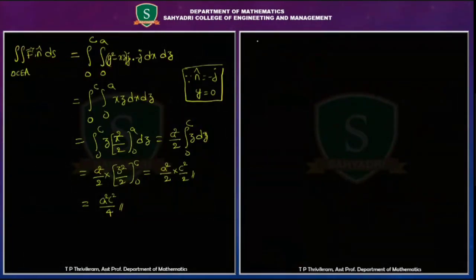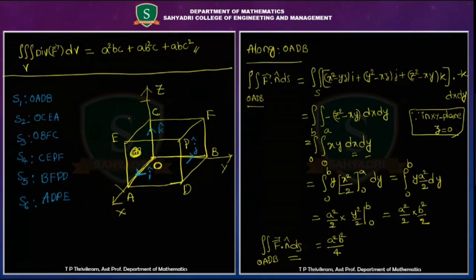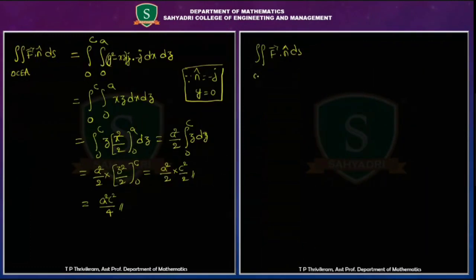You will come to know in the coming sections we will take plus j, minus i, plus i and plus k also. Next you need to find the surface integral f dot n cap ds over the surface S3. S3 is here, OBFC. So this is equal to double integral.